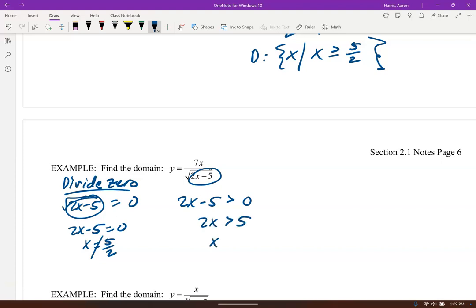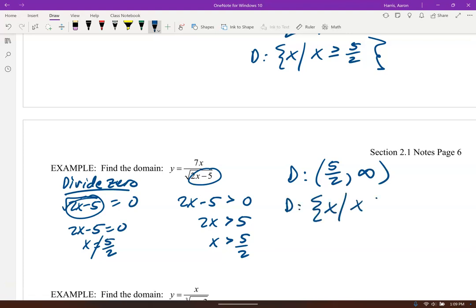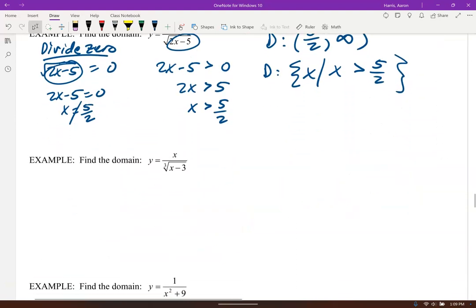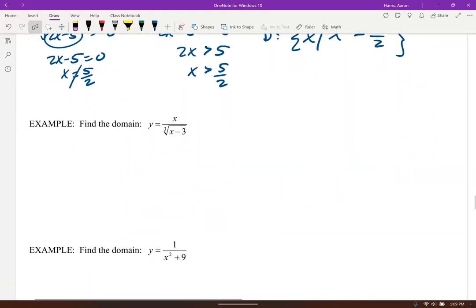Add 5 both sides. So x has got to be greater than 5 halves, not equal to, greater than. So the domain is from 5 halves with a parenthesis on, or x such that x is greater than 5 halves. All right, I think this is my last one as far as, oh, I do have a couple more here.